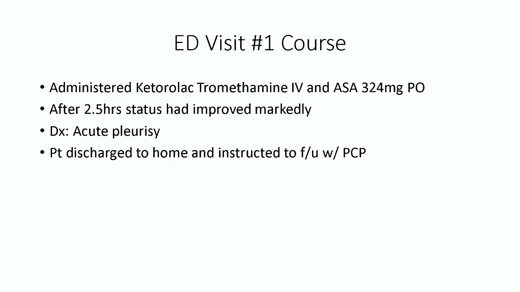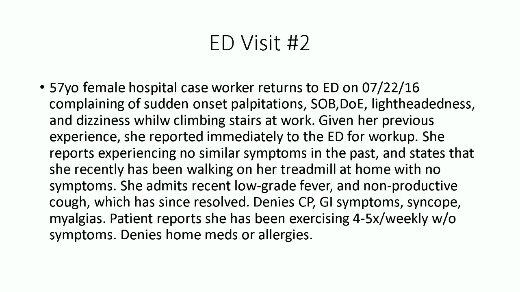So she was given... And they would have seen the pericardial effusion. She was given ketorolac and aspirin, and after 2.5 hours, she had improved, stabilized and improved, and was discharged home with a presumptive diagnosis of acute pleurisy, and basically instructed to follow up with her primary care provider.